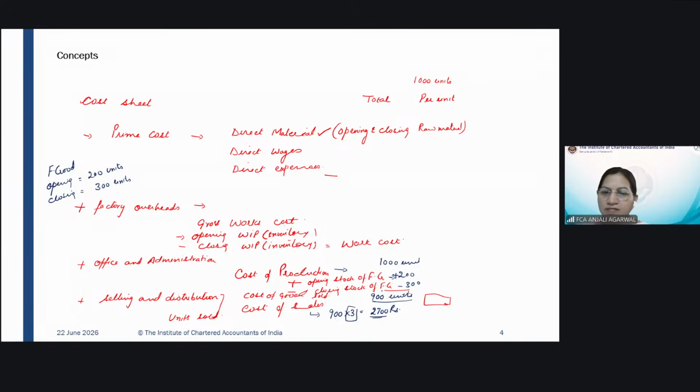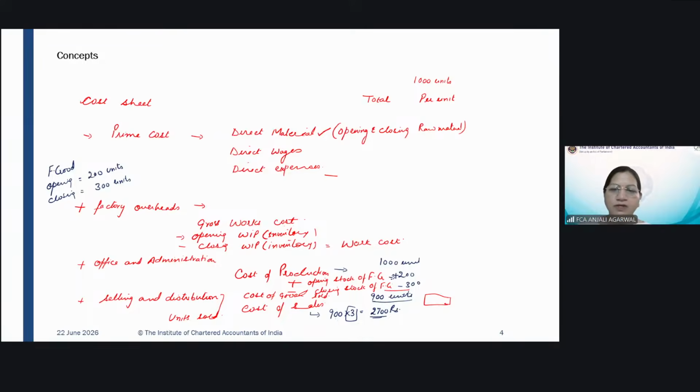But once you have adjusted the opening and closing stock of finished goods, you get the cost of goods sold or the cost of production of goods sold. Any expenses incurred after that, which is selling and distribution expenses, should be charged to units sold, not on the 1000 units which are produced in this period, right?